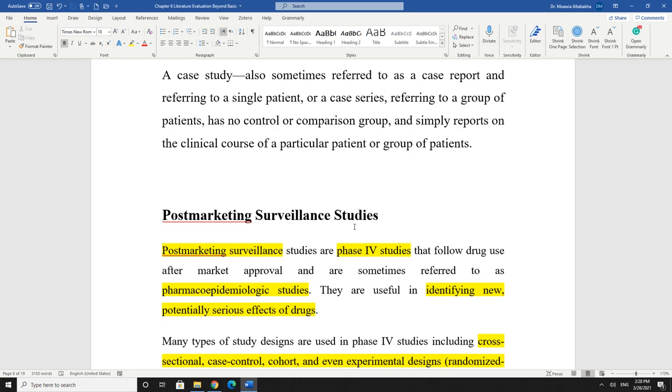Usually the FDA and the company itself want to know what will happen when this drug goes to the population and a large number of patients will take the drug, compared to phase 1, phase 2, phase 3 studies. In phase 1, 2, 3, altogether maybe there will be 5,000 patients involved.